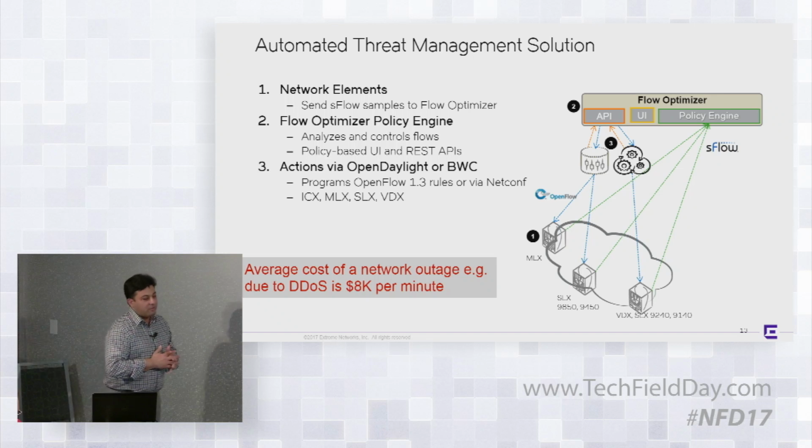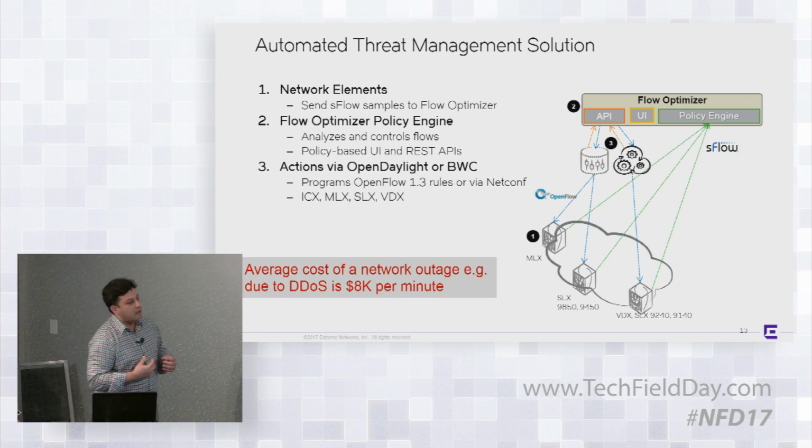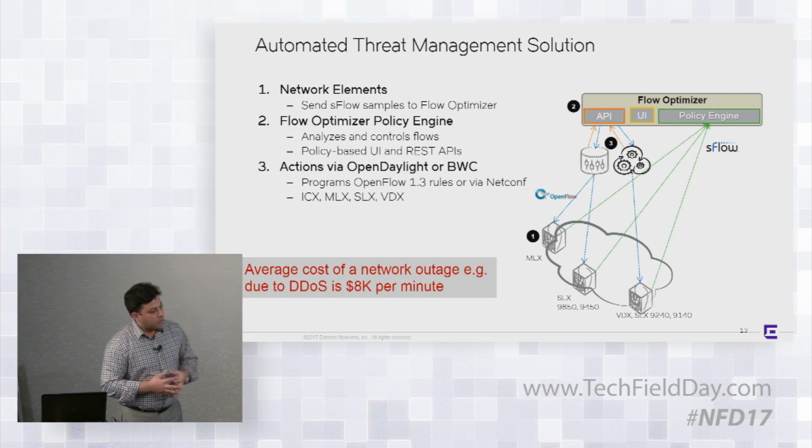So what we have here is we've combined the workflow composer with one of our software solutions around the flow optimizer. And for those of you who are not familiar with the flow optimizer, essentially it's a visibility policy engine that listens to flows from the network, and then it allows you to define or predefine policies where you can take some actions on the network nodes.